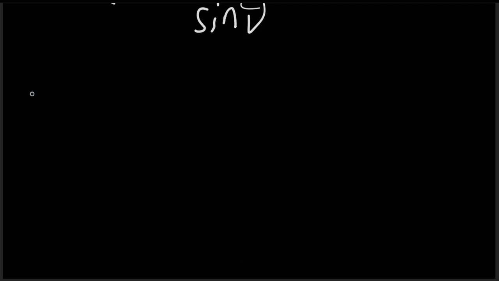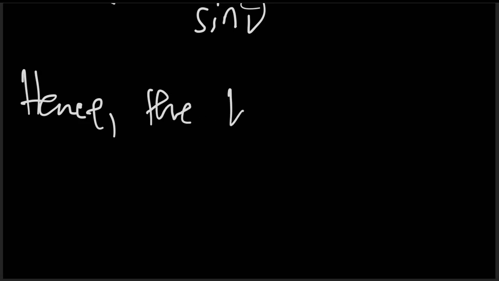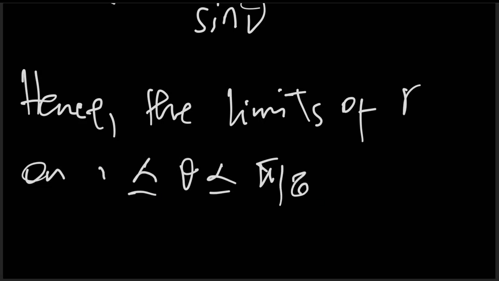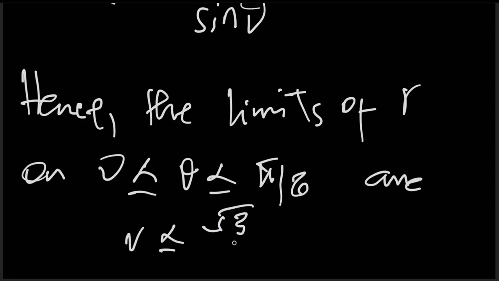So hence we will say that the limit of theta is less than or equal to pi over 6 but greater than or equal to 0, and r is less than or equal to √3 over cos theta but greater than or equal to 1.